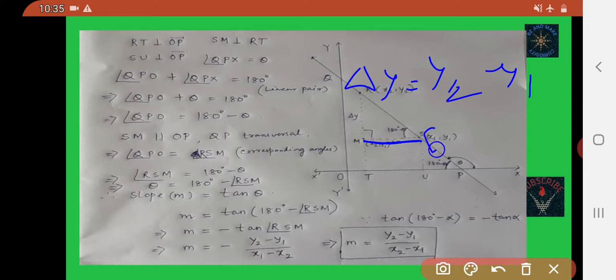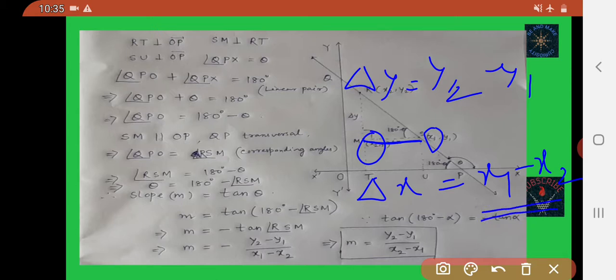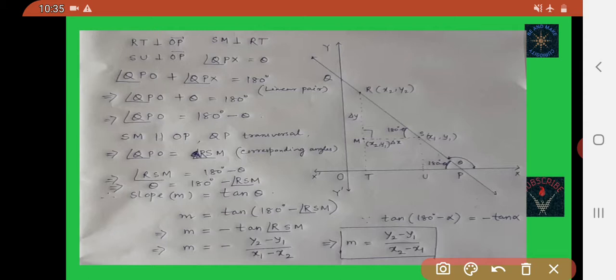Here you see x1 is on the right side and x2 on the left side. So change in x is equal to x1 minus x2. Then you can write m is equal to minus y2 minus y1, that is change in y, by x1 minus x2, that is change in x.